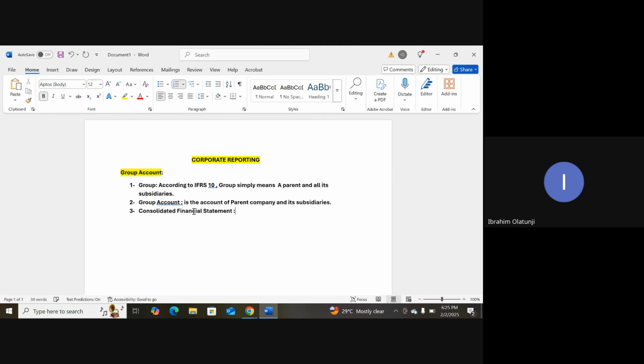When we say consolidated financial statement, it is a financial statement of the parent company and all its subsidiaries that we prepare and present as if it is a single entity.